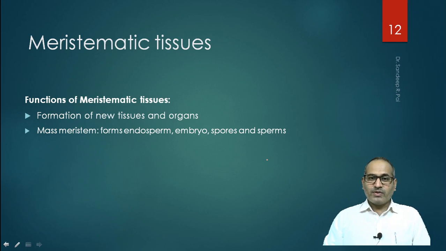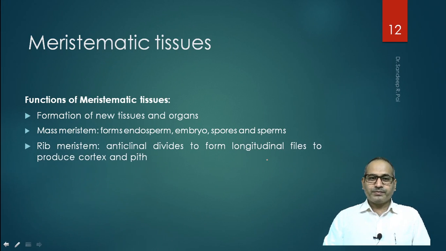Mass meristem forms endosperm, embryos, spores and sperm. So it has a main function in the production of these tissues and organs which take active part in fertilization, that means for production of the next generation.